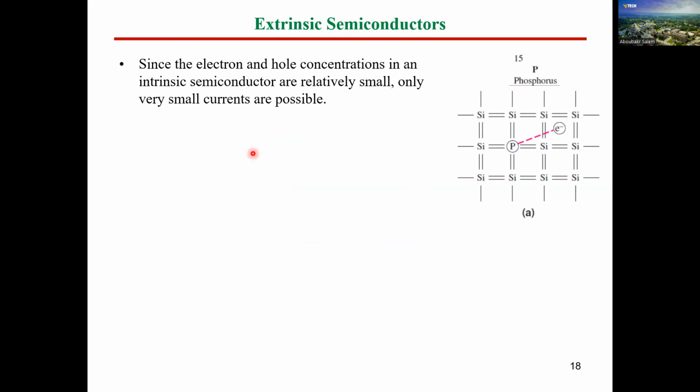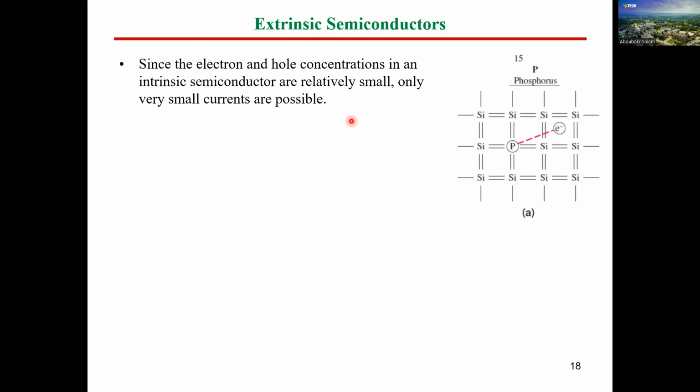Since electron and hole concentrations in an intrinsic semiconductor are relatively small compared to the atom concentration, only very small currents are possible. So we can flow current, but it's still very small, guys. We need to have more current to flow.